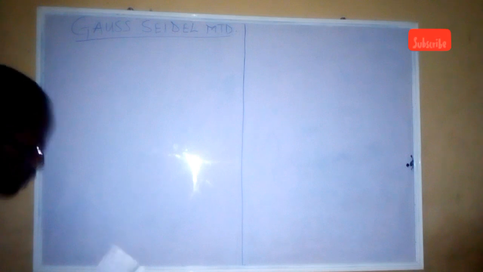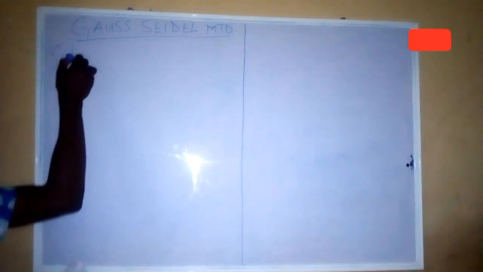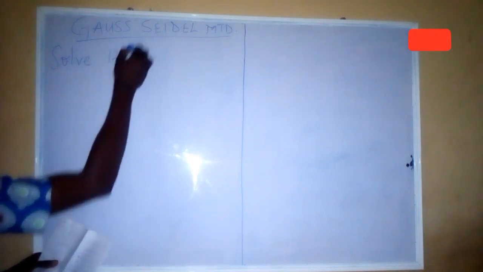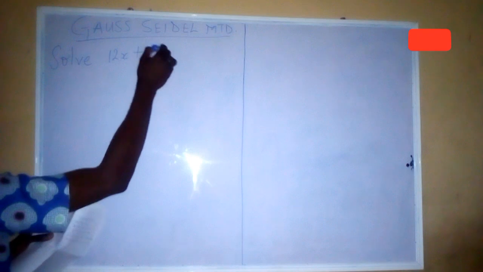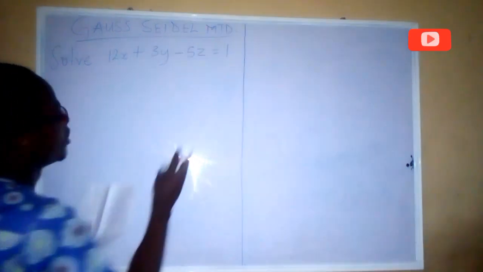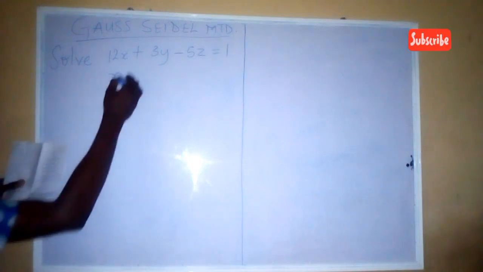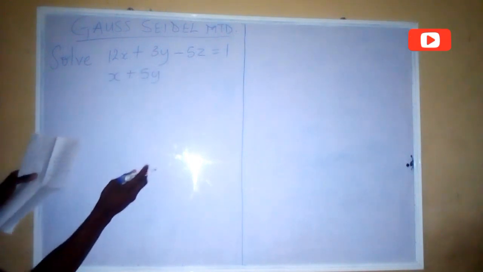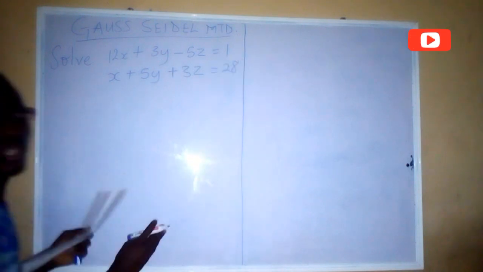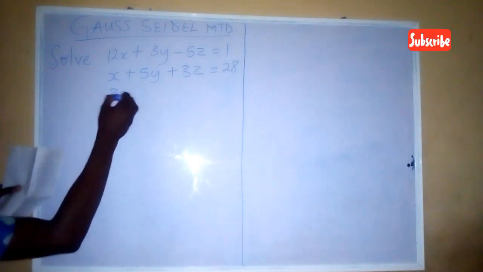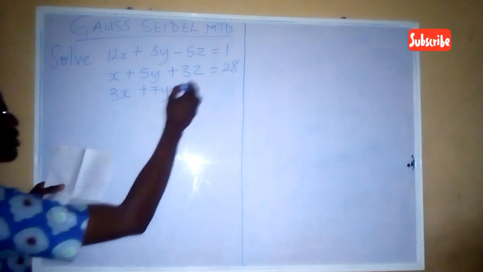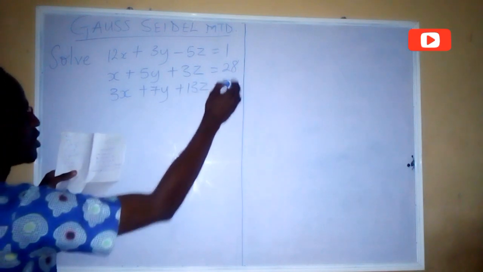The question says solve 12x plus 3y minus 5z all equals 1. And we have x plus 5y plus 3z all equals 28. Then the third equation is 3x plus 7y plus 13z all equals 76.